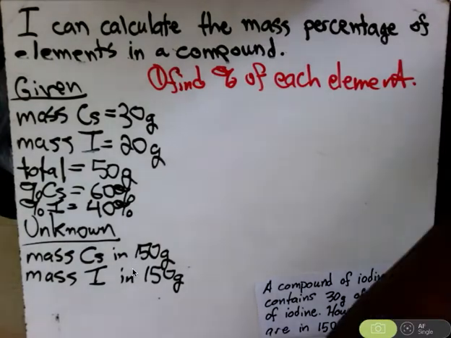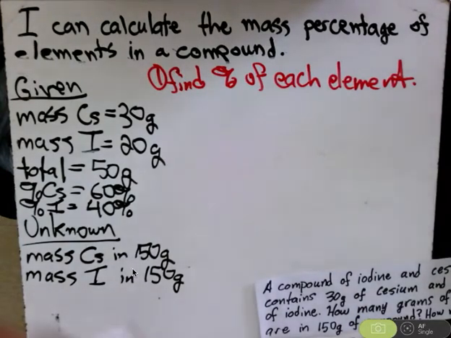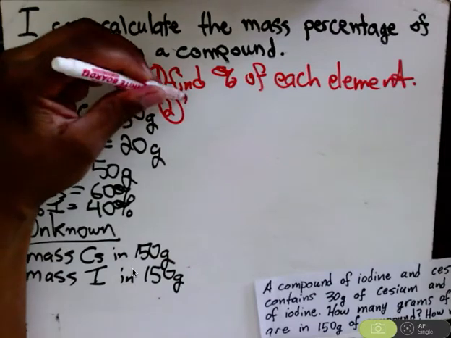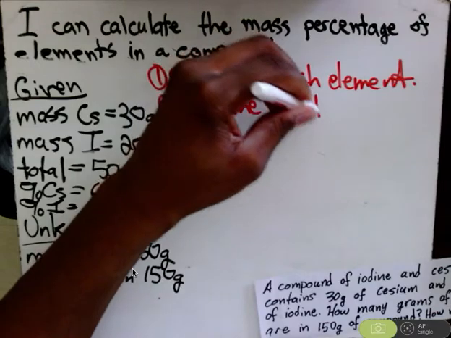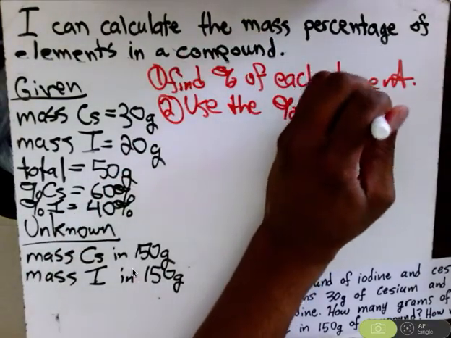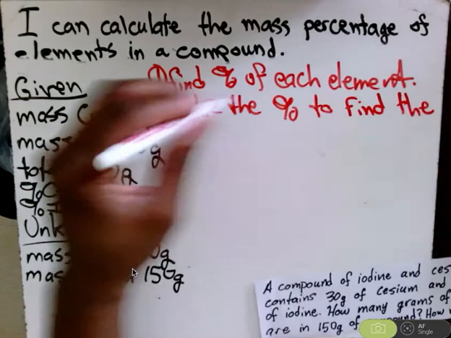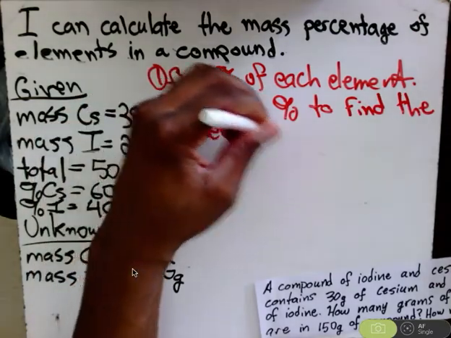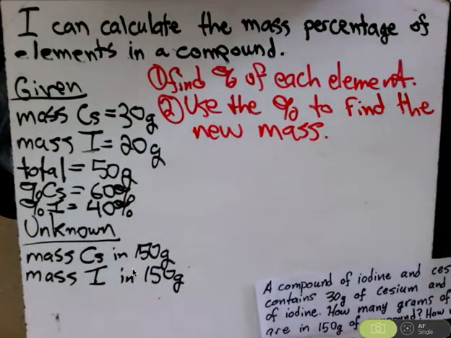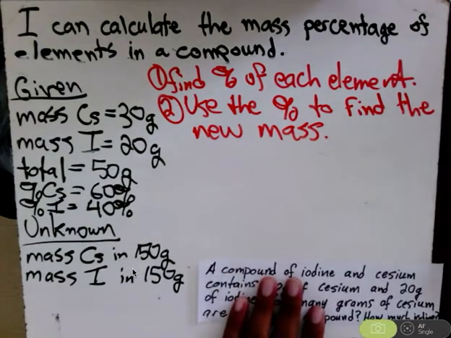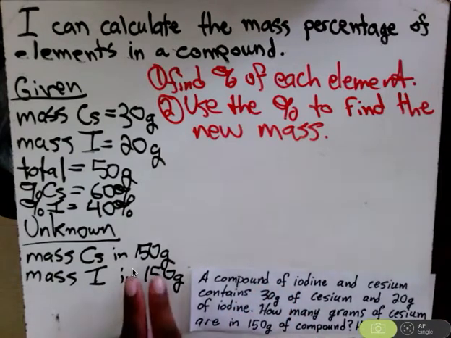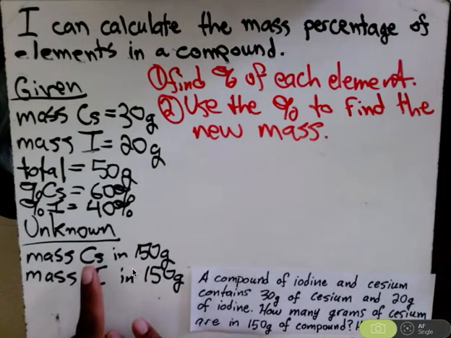So, here's what you do. The second step, use the percents to find the new mass. All right, we're going to use the percents to find the new mass. So, what if our total was 150 grams? And we want to find the mass of cesium.